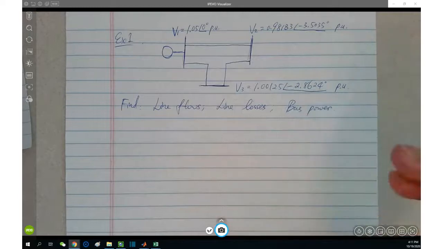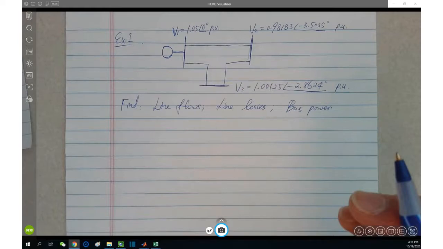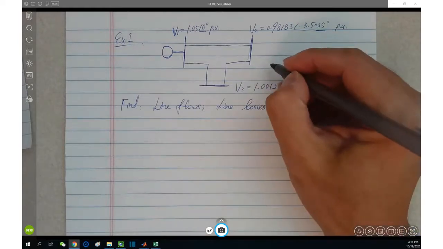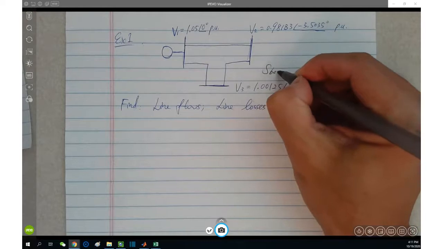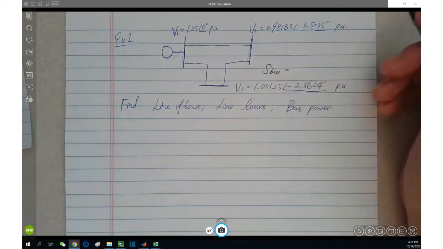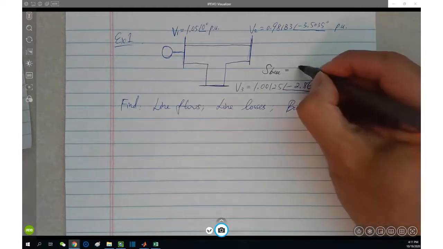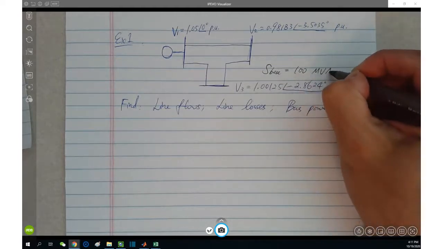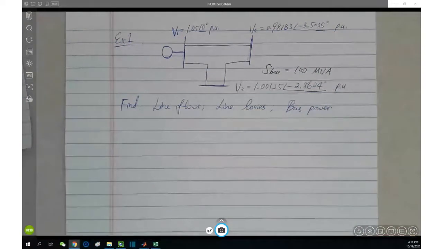Yeah, the base value, very nice. I'm sorry, but base value is actually not the most important thing I meant. But base values are needed. Base values are generally given. For example, this one is given as 100 MVA.